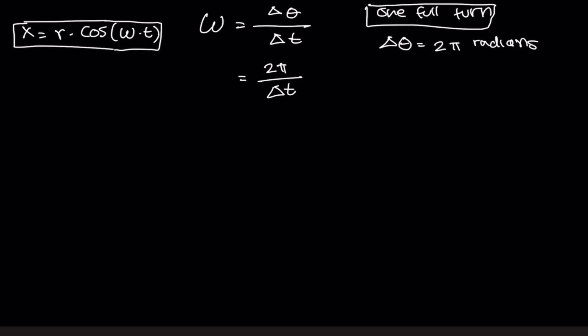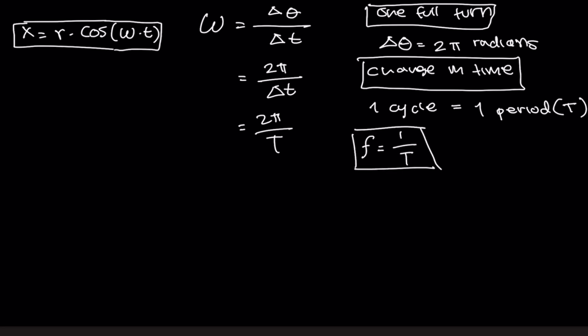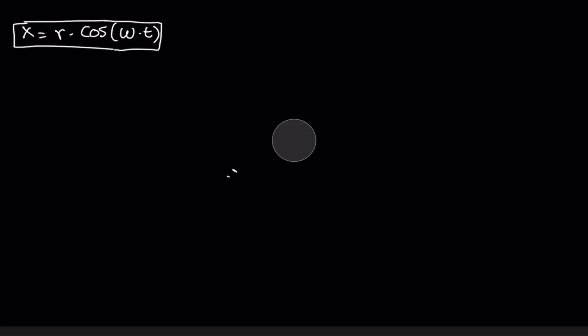However, we can also change the change in time into one period, which is represented by the symbol T. Therefore, 2 pi divided by T. In simple harmonic motion, we are also given that the frequency is 1 per period. Therefore, this is just 2 pi times 1 per period, which is equal to 2 pi times frequency. So from that, we can change this into 2 pi frequency times time.